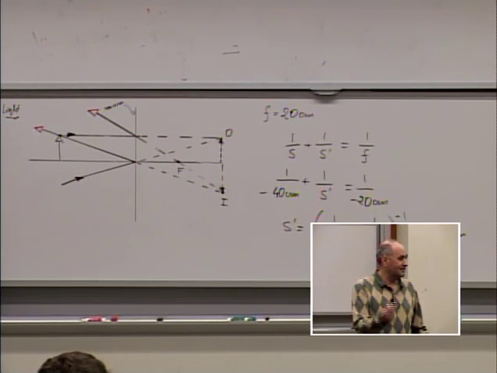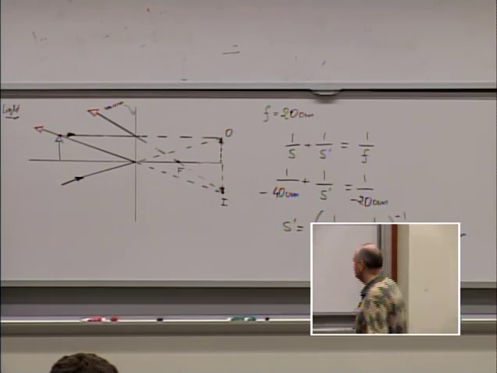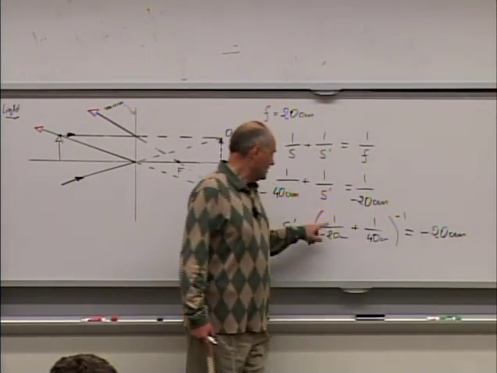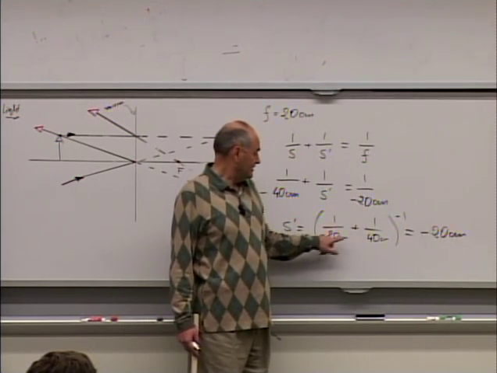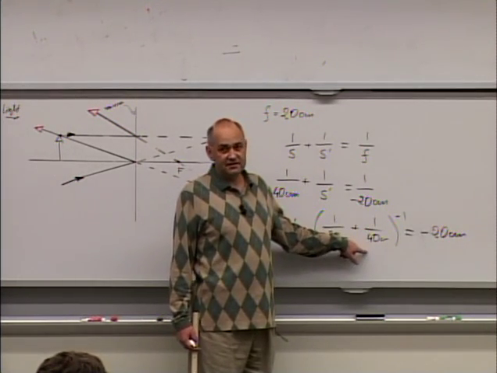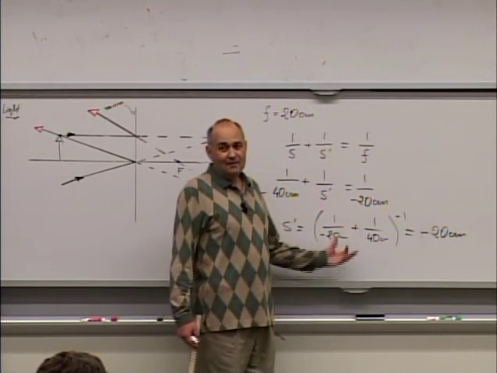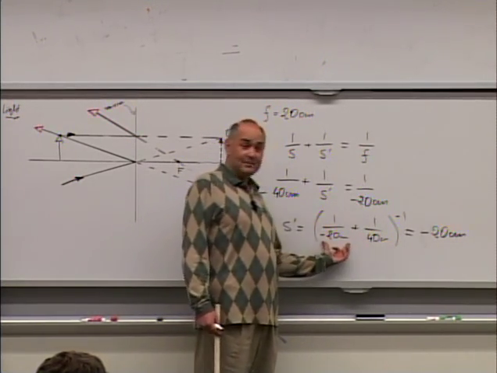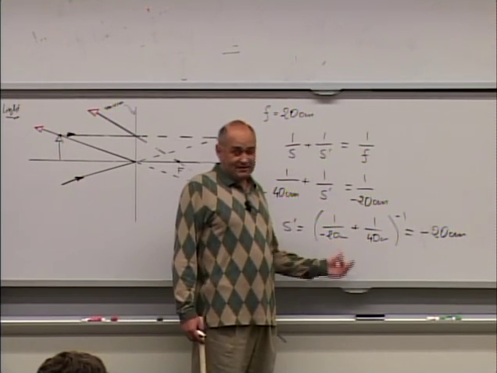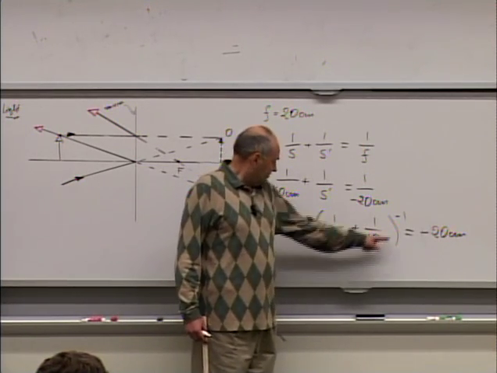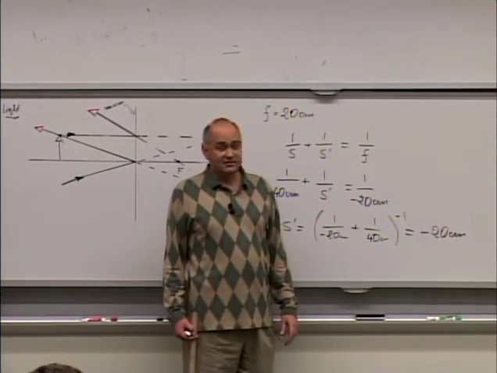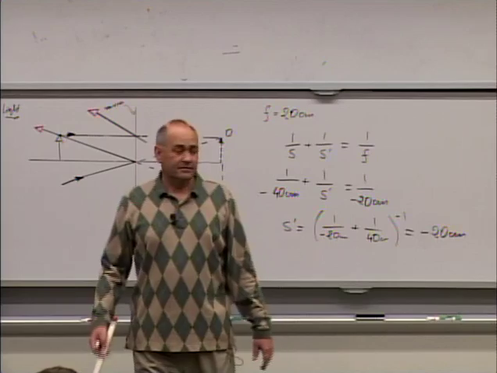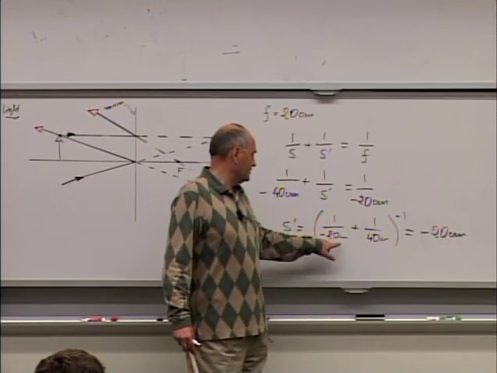Can somebody calculate that? Well, actually, I can do it in my head. This is minus 1/20th plus 1/40th, so the result is going to be minus 1/20th. The absolute value of this number is half of the absolute value of that number, right? So this expression is minus 20 centimeters. If I take an inverse of that, this is 1 over 20.